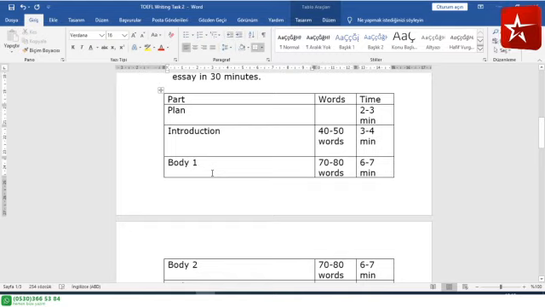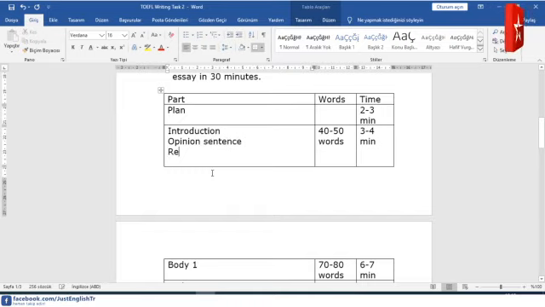Of course, we need to have our opinion sentence in introduction, and you need to have reasons. So these are two must things, okay? Your opinion sentence and 3 reasons why you think like that.